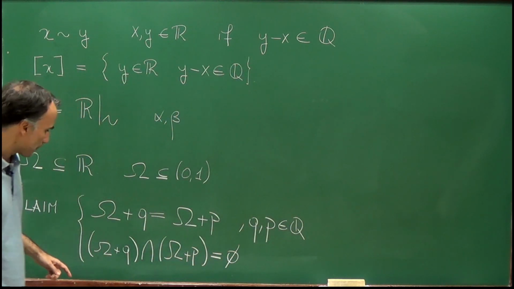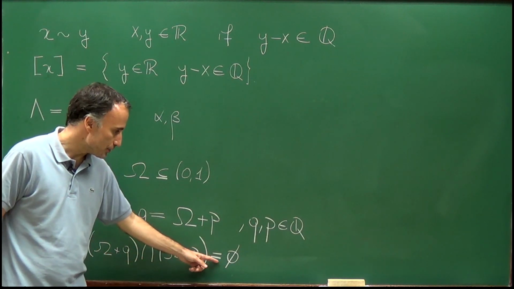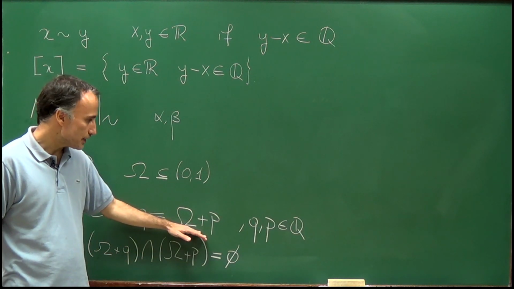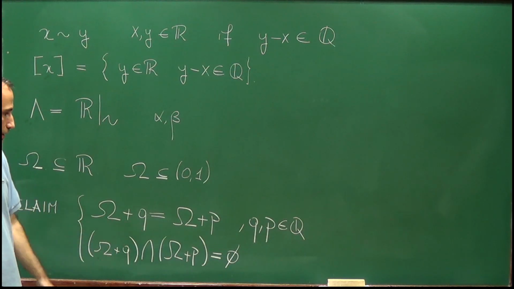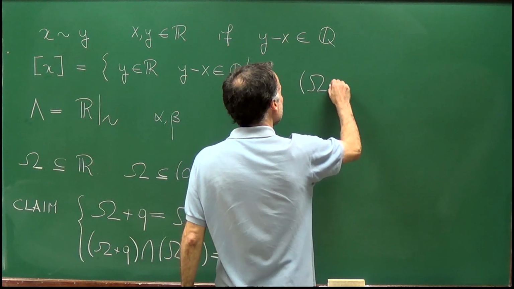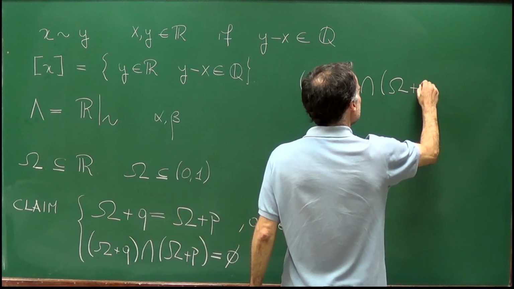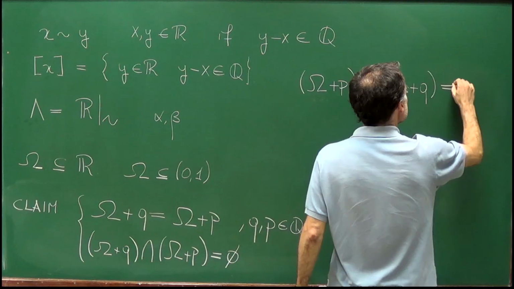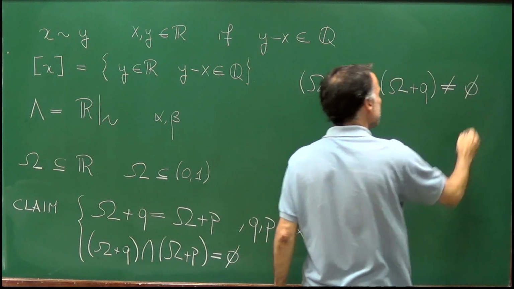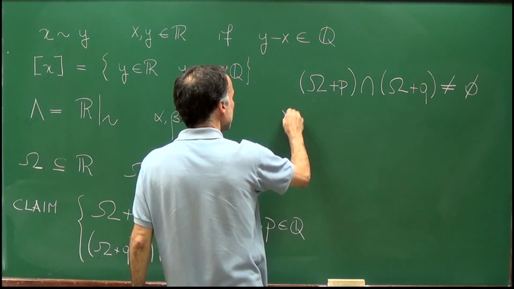To prove this claim, I will assume that this intersection is not empty, and I will prove that in this case these two sets are equal. So let's assume that omega plus p intersection omega plus q is not empty. And let's take, therefore, a point x in this set.